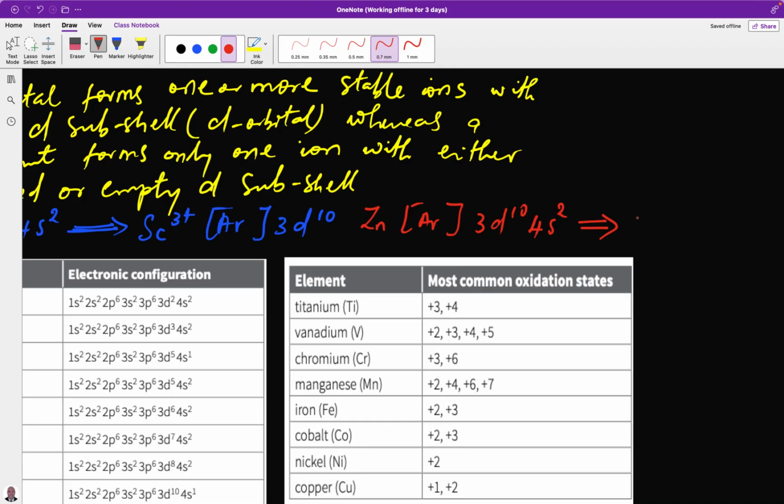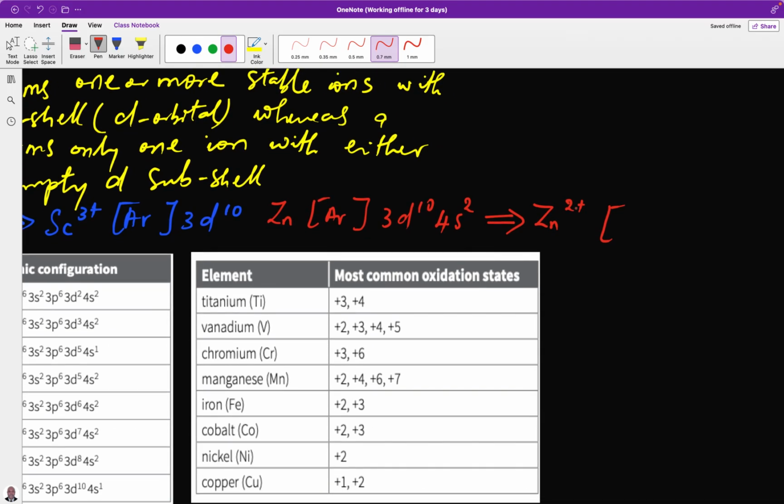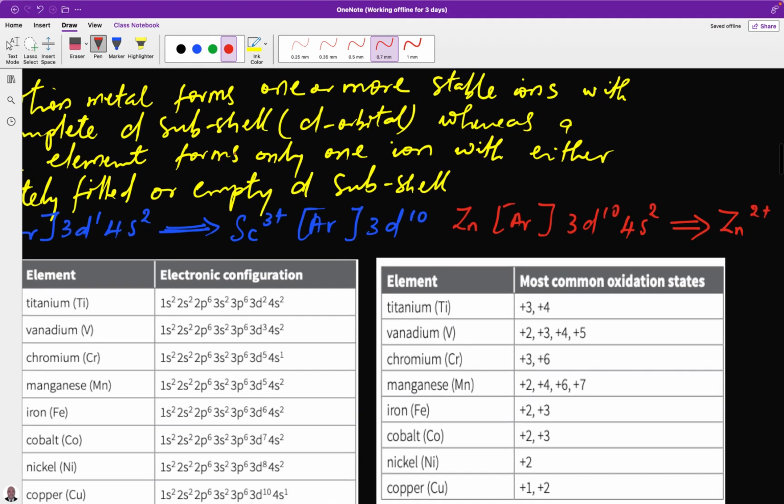So it will be zinc 2 plus, and it will be left with a filled d subshell. Sorry, I made a mistake here when these two electrons are lost.